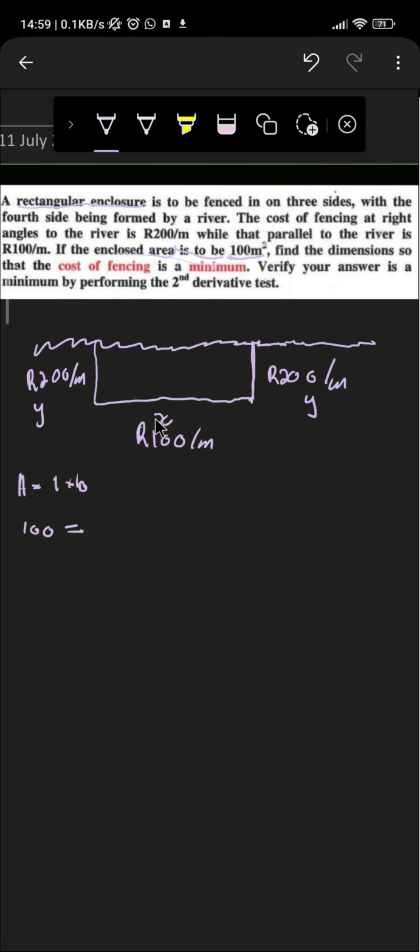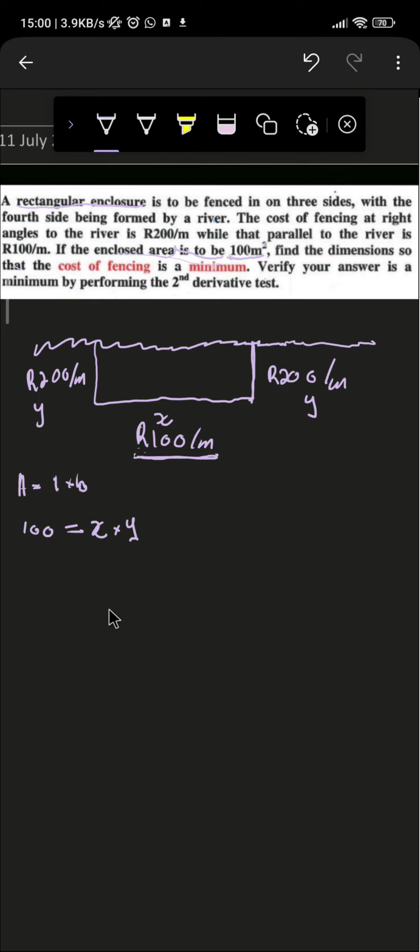It's going to be x. And remember, don't use this, the cost, as your length. This is not the length, this is the cost. The cost is 100 rand for this side per meter. The length is x, so we write x there, and the breadth is going to be y.